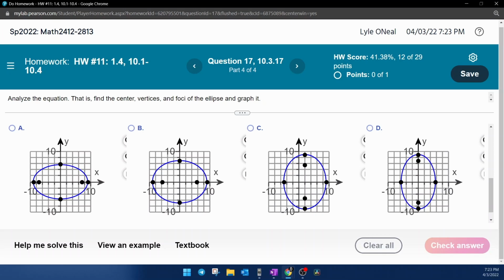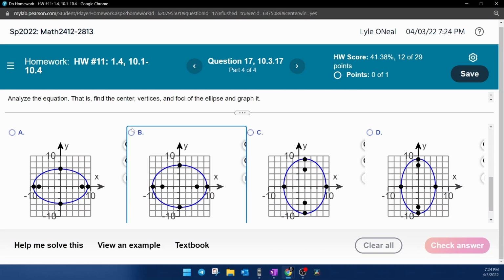If you look at answer choice A, that dot that represents the focus is at negative 2, 4, 6, almost at negative 8. In answer choice B, the focus is at 2, 4, a little bit short of 6. So I believe answer choice B is going to be our correct answer because it has the foci at roughly 5.7, definitely closer than answer choice A was.